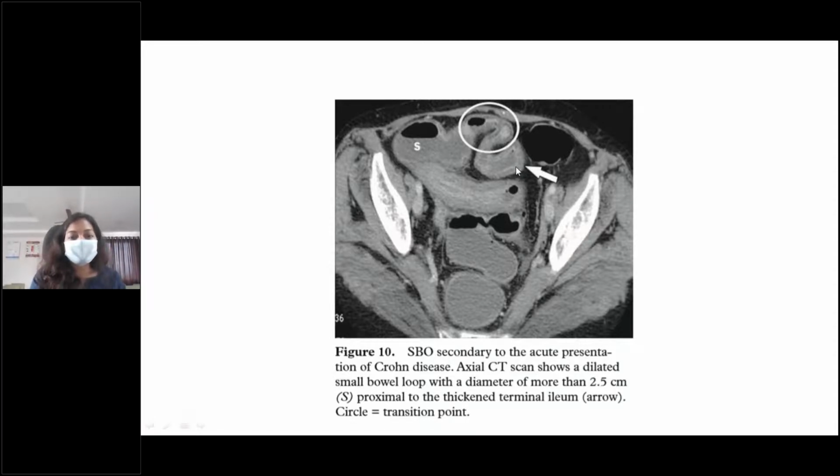It is thickened, you can see it. And in the circle, this is the transition point. We can see the dilated bowel loops proximal to the obstruction. Distally the bowel loop is not dilated, but it is just thickened. The thickening is due to Crohn's disease, not due to the obstruction.